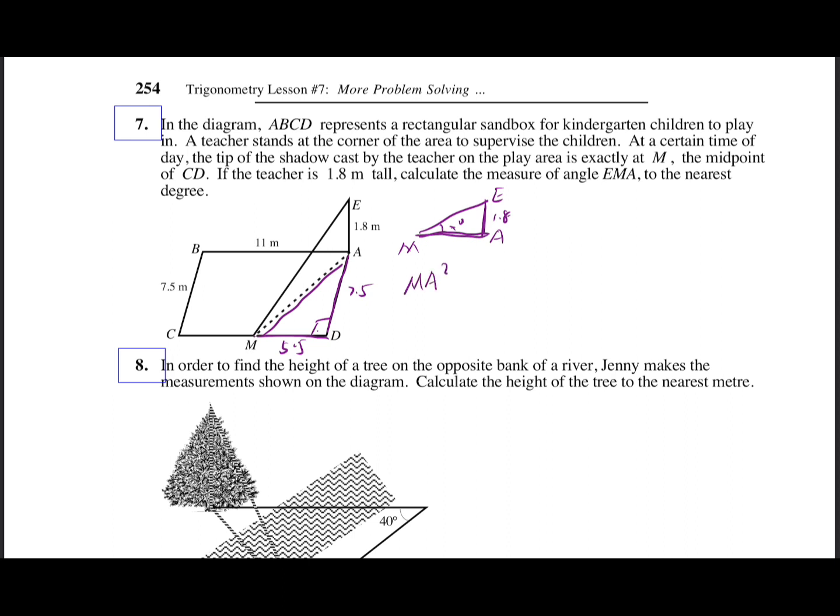So MA squared equals 7.5 squared plus 3 squared, so MA is 9.3, and then we use tangent X equals 1.8 divided by 9.3, so X equals 5 degrees, so the angle is 11 degrees.